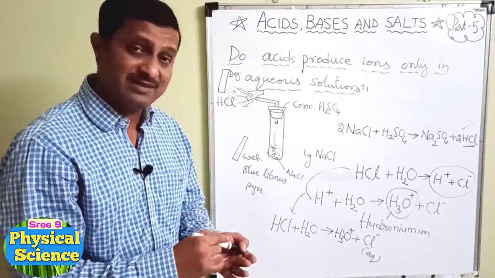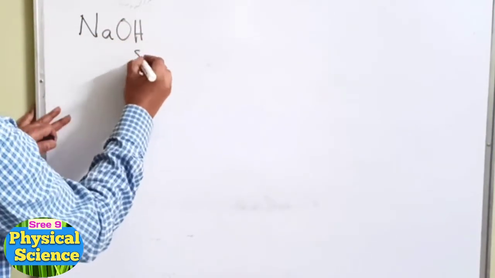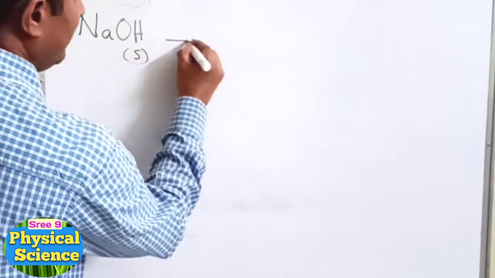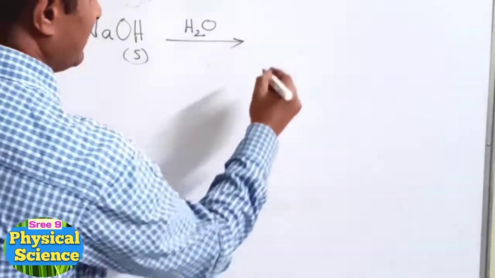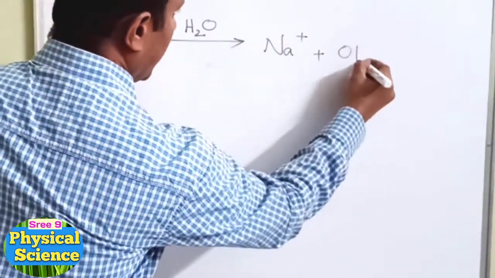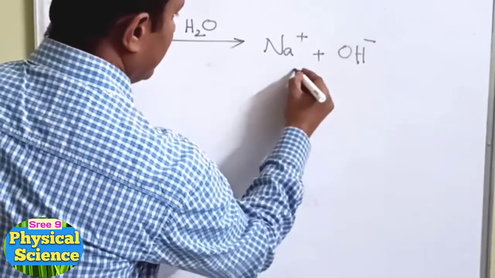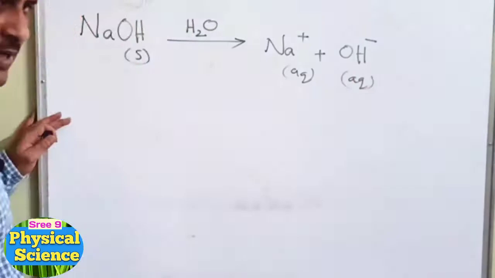Now what happens for the bases? Let us write NaOH, which is solid. If it is dissolved in water, it gives Na plus and OH minus, aqueous, meaning in water.